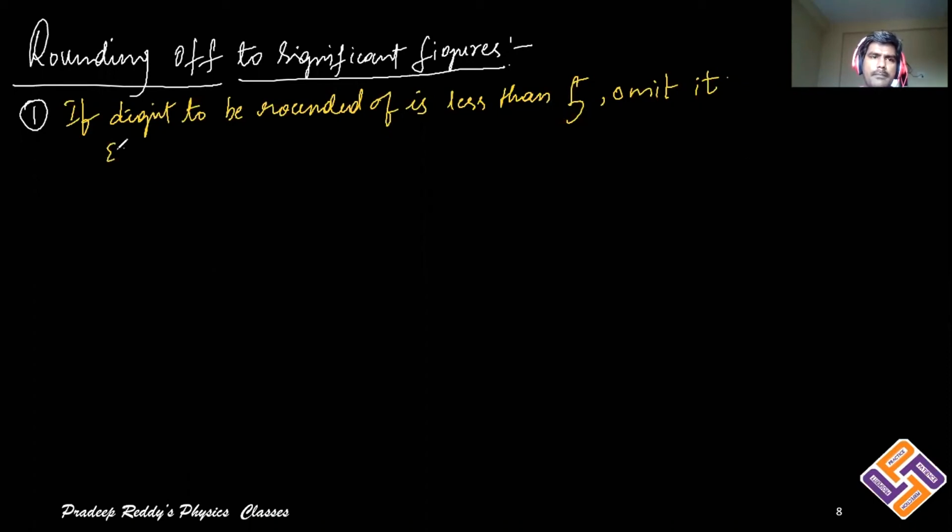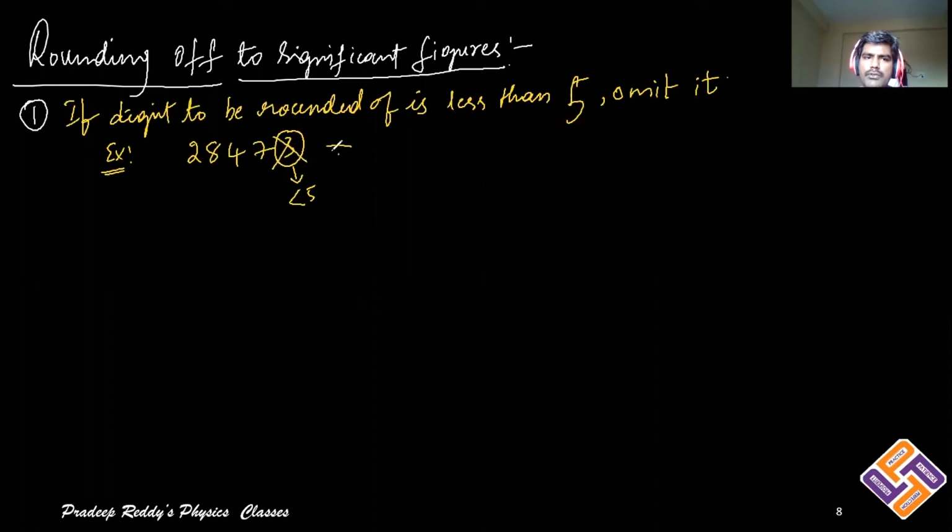For example, we have 2, 8, 4, 7, 3. Now you need to check the last digit. 3 is less than 5. As 3 is less than 5, the last digit you need to round off, simply eliminate this.